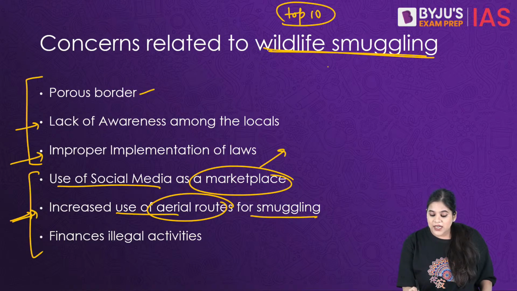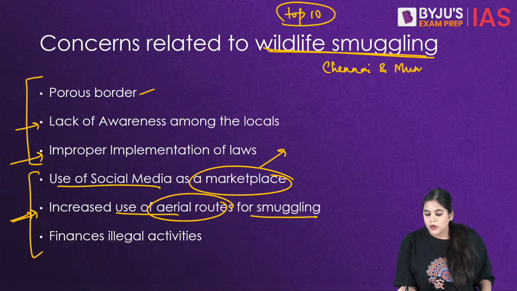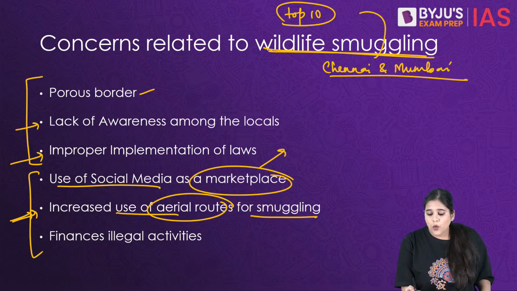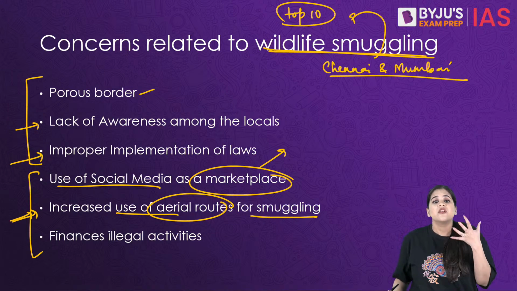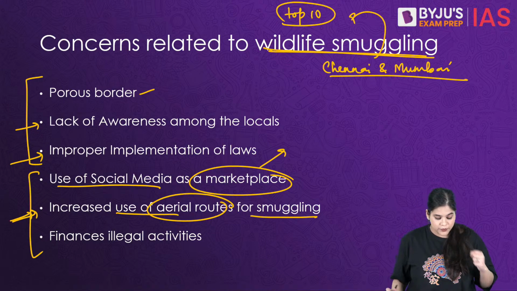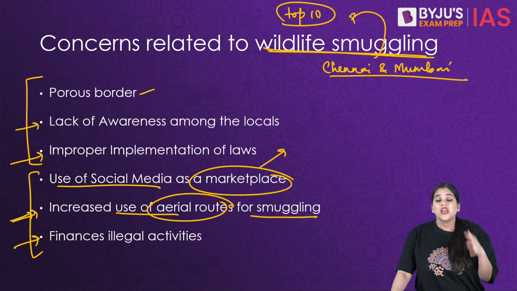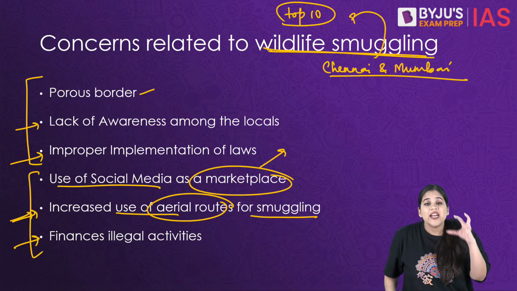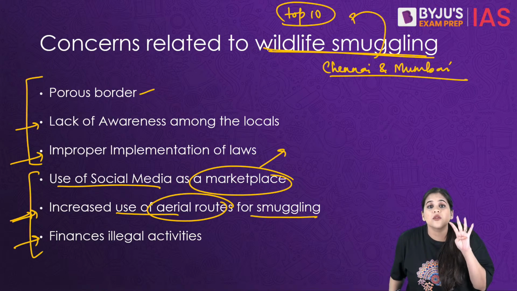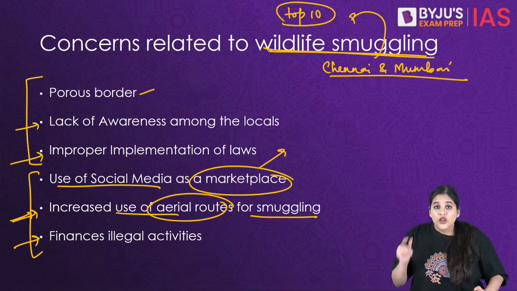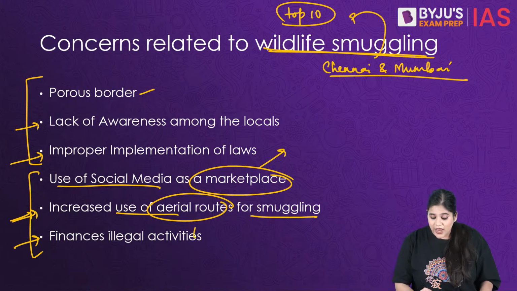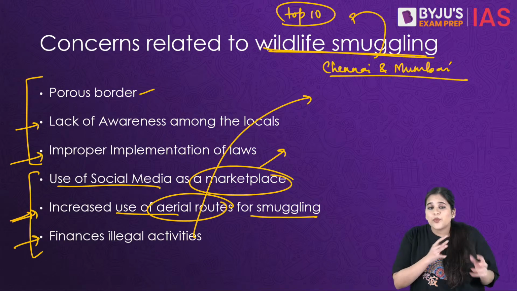Moreover, cities like Chennai and Mumbai are also amongst the major cities from where aerial smuggling is taking place. Moreover, wildlife trafficking is the fourth biggest transnational organized crime all across the world. This data is not given by any simple agency.